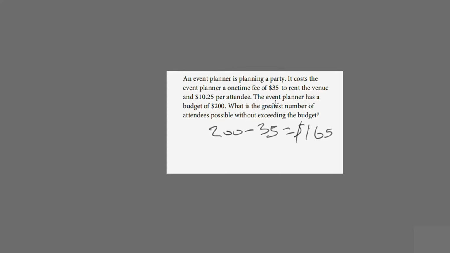Okay, so this is what we have left now. Because the question is, the event planner has a budget of this, what is the greatest number of attendees possible without exceeding the budget?